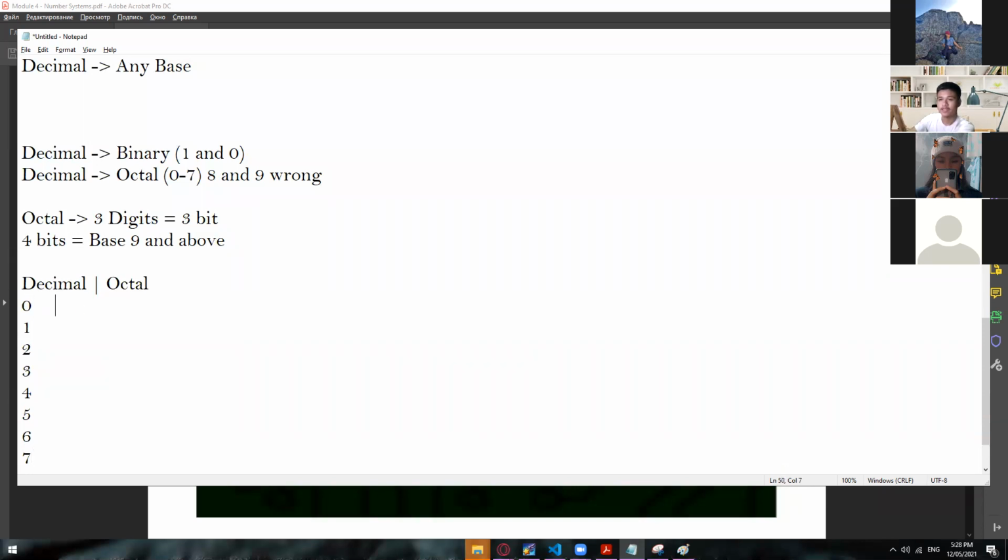So in octal, my bad, this one is in binary. If you're going to convert this one in octal, you only need 3 bits. So 0, 0, 0. And then for the 1, you need 1, 0, 0.